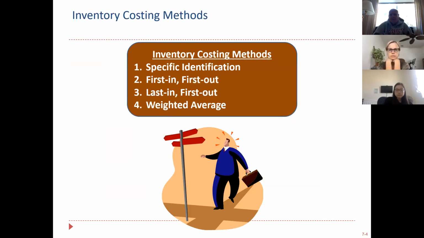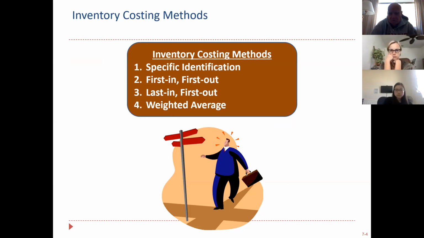Now we get into the guts of this thing, okay? Inventory costing methods. And these four things here are pretty much the bulk of the chapter. Companies have different methods they're allowed to use to cost their inventory and consequently the resulting cost of goods sold.